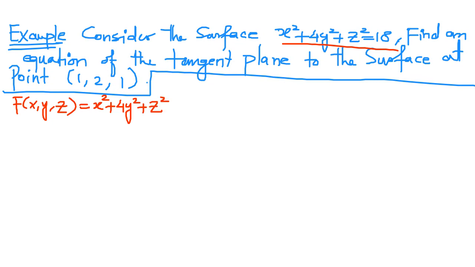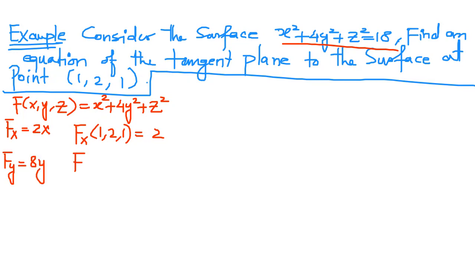Okay, so what is the partial derivative of f with respect to x? That is equal to 2x. And if I substitute the point 1, 2 and 1, the partial derivative with respect to x is equal to 2. Similarly, what is the partial derivative with respect to y? That is equal to 8y.